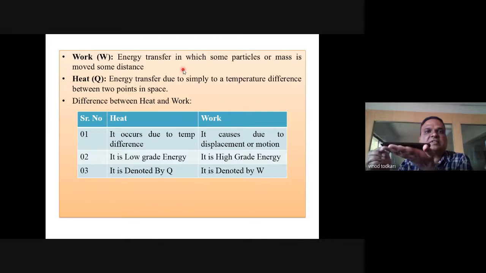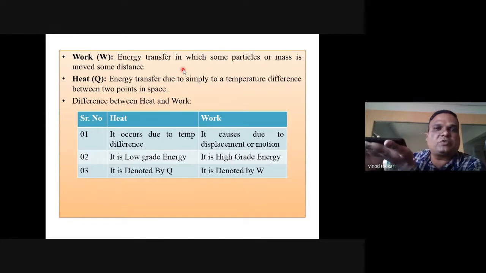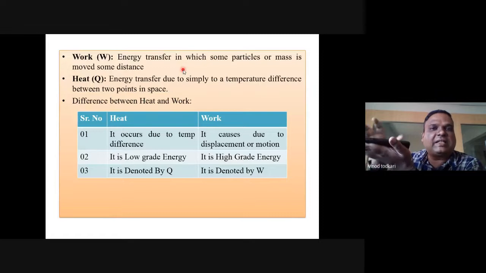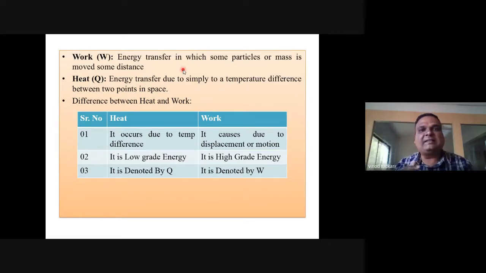If I apply a force F and it moves by a displacement, let's say X or dx, then F into dx is nothing but the work done. Or if the displacement is X, I will say that F into X is nothing but the work done. Right? So when the particles move by a distance, we say that work is done. Work can be done by the system or work can be done on the system.